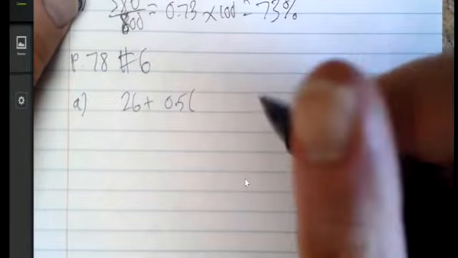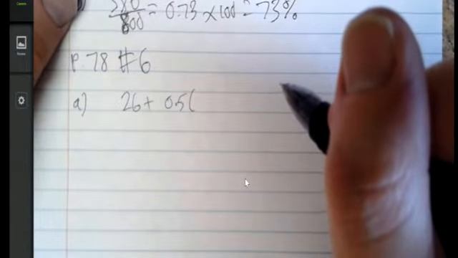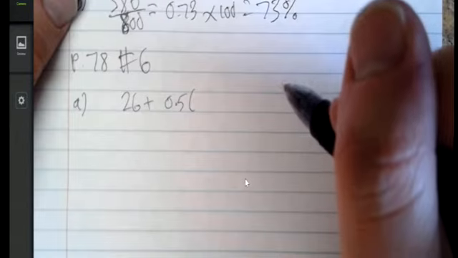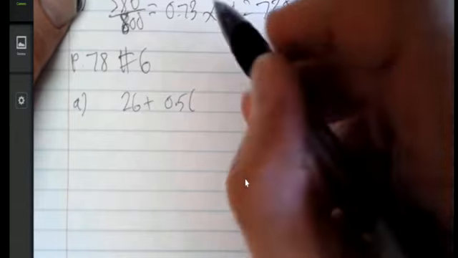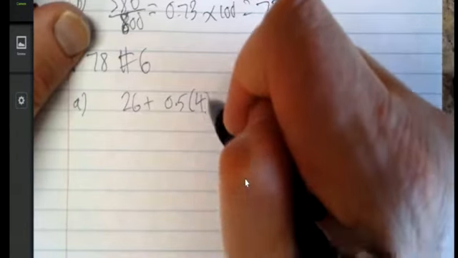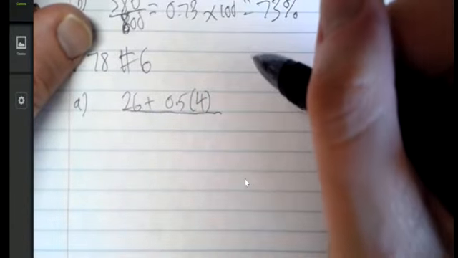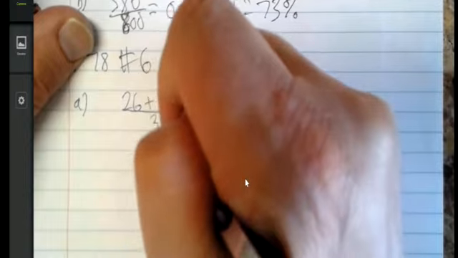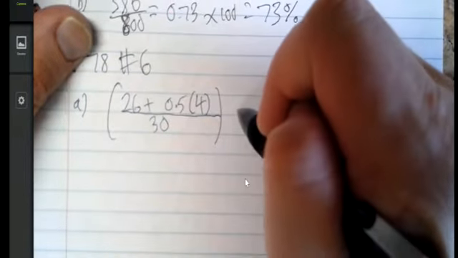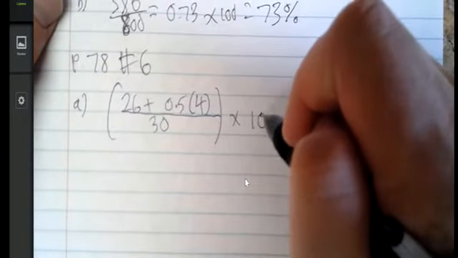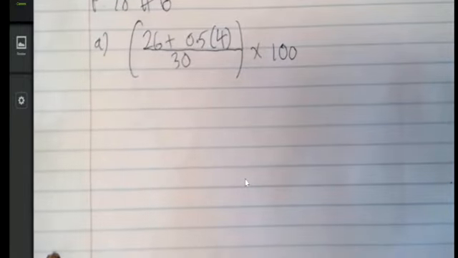At 0.5, did anyone have a mark that's equal? 3 people, including herself, is 4. Divide by 30 students in the class. Times 100. 0.5 times 4 is 2, so that's 26, add 2.